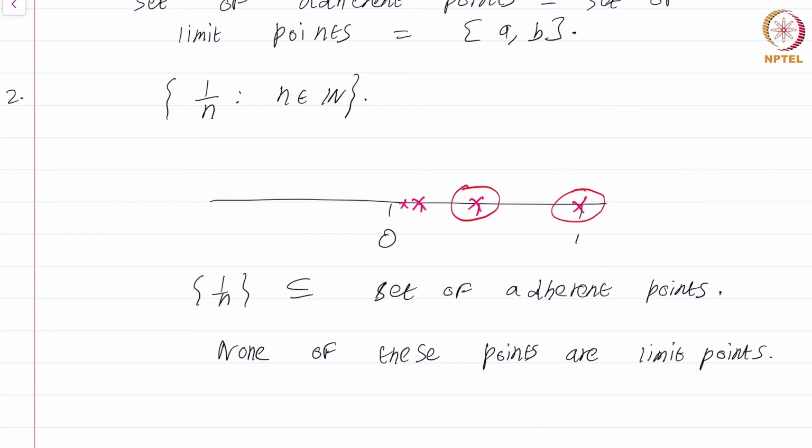What about our element 0, which is what 1/n is converging to? By the definition of both adherent and limit point, 0 is both an adherent as well as a limit point.